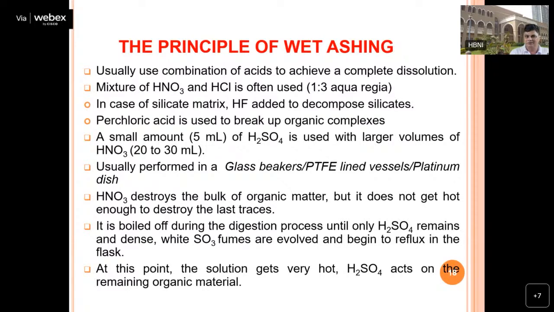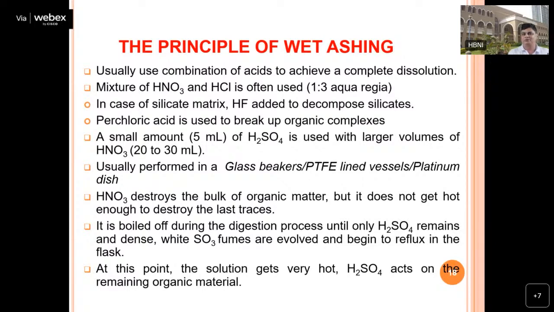Hydrogen peroxide or perchloric acid is also used to break the organic complexes, and a small amount of H2SO4 is sometimes used with a large volume of HNO3.